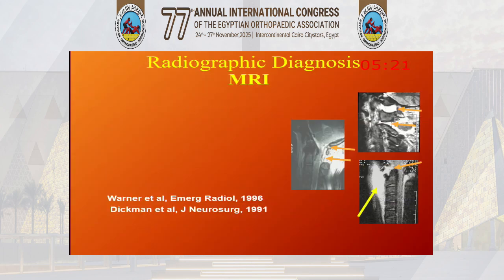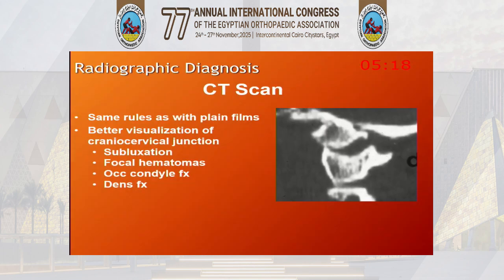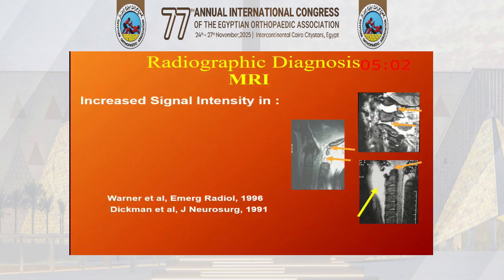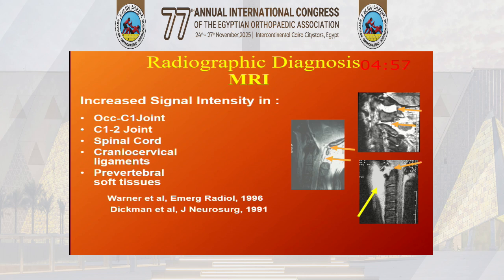A CT scan is mandatory now to assess the craniocervical junction, subluxation, focal hematomas, occipitocervical fractures and dens fractures. With MRI, we assess the occipitocervical joint and C1-2 joint, the spinal cord, the craniocervical ligaments, the prevertebral soft tissues, and edema also.